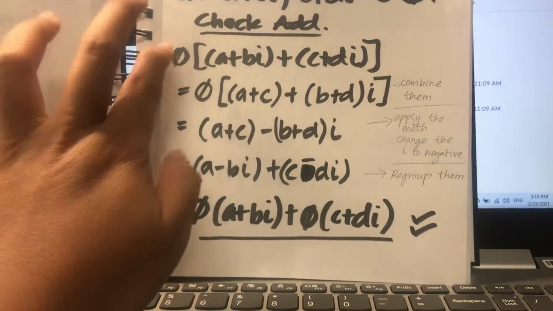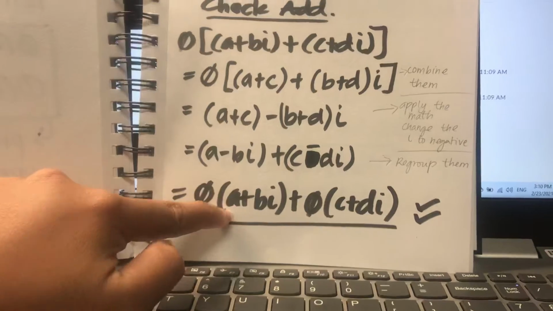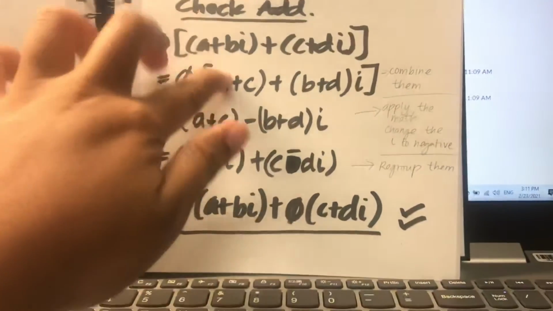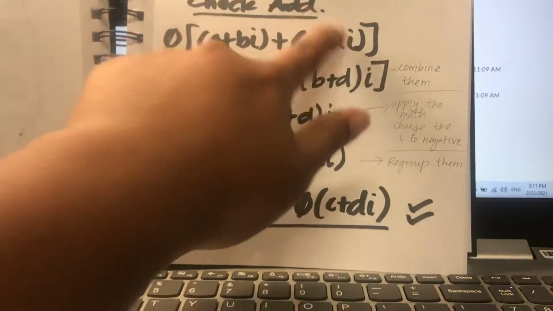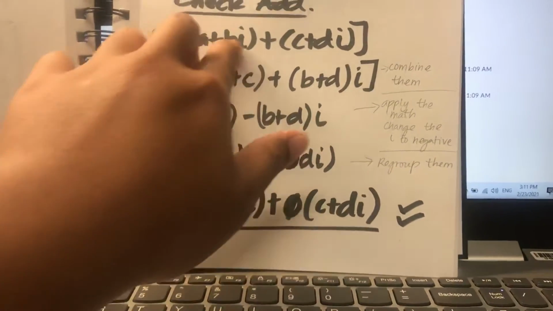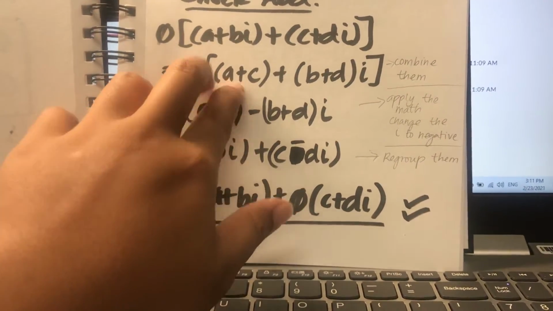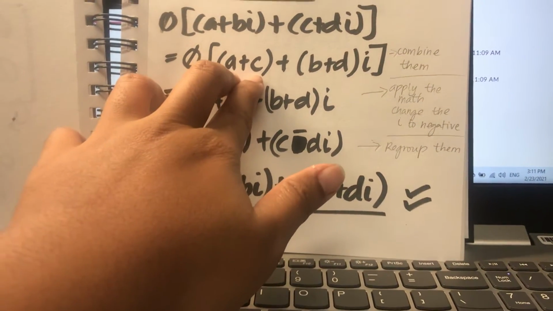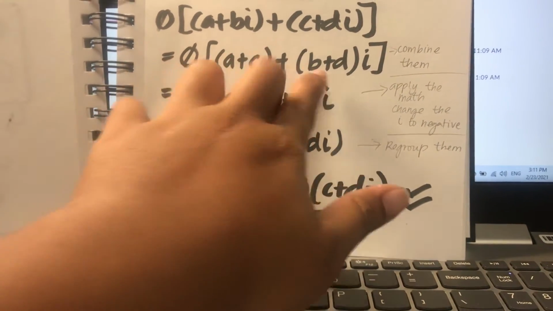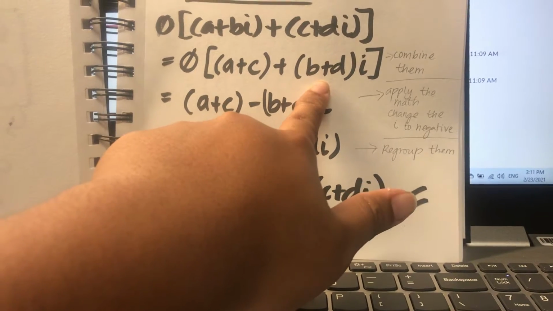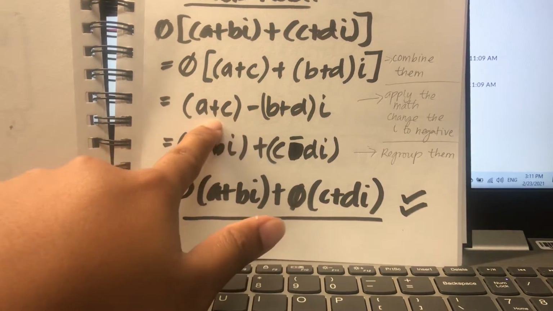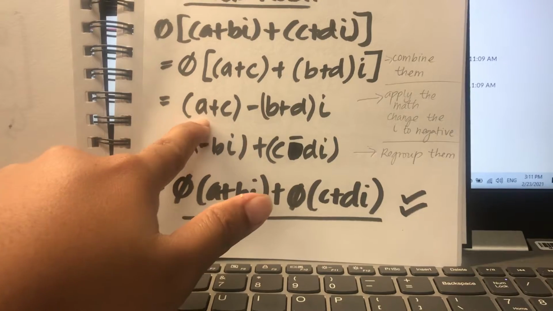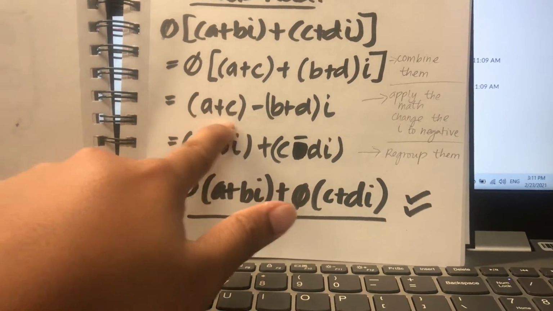We need to show that this is equal to this. We do this by just doing the addition here. We combine them by putting together the real values and together the coefficients of i, and after that we apply the map by changing the imaginary part to negative, and we end up with this.